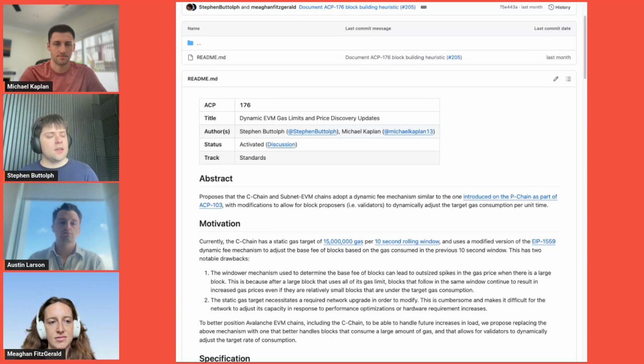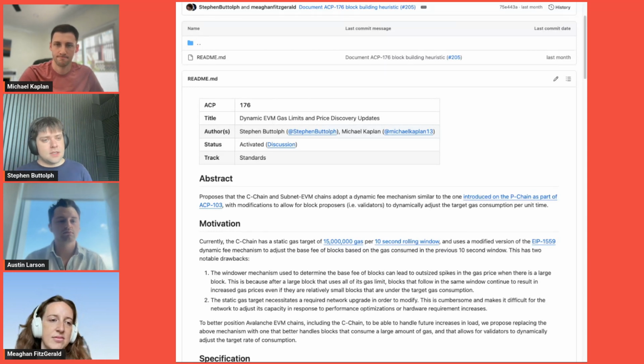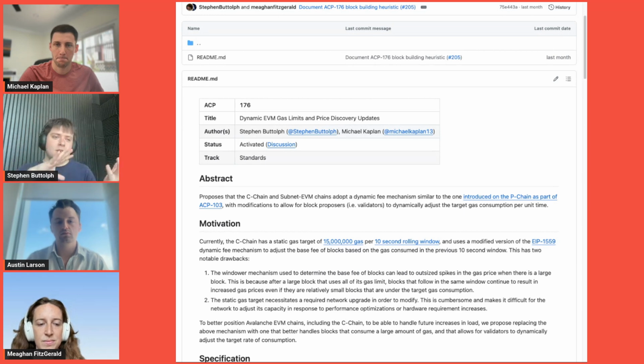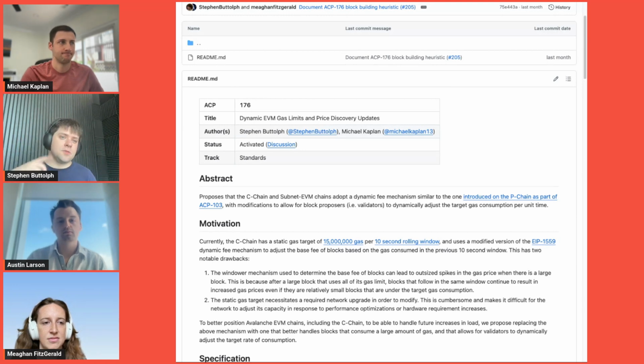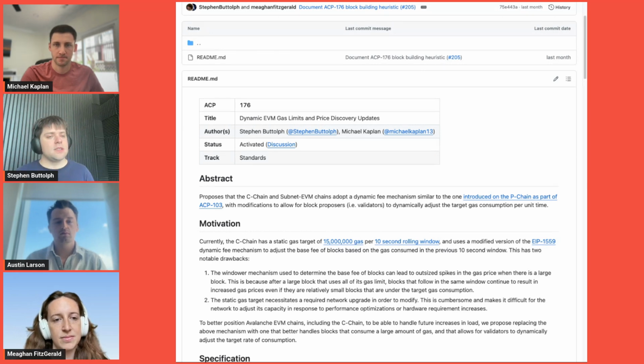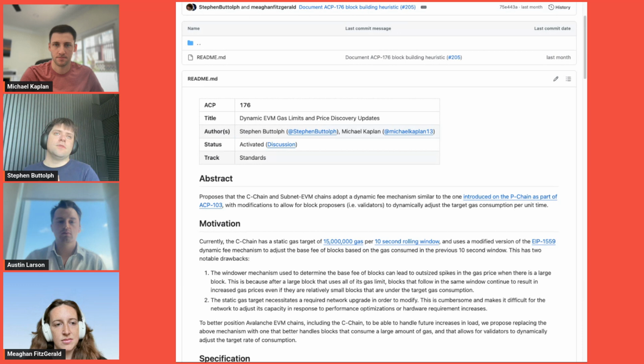Inside of 176, in addition to the price changing mechanism, we also changed it so that validators had the ability to vote on whether or not to increase or decrease the gas target. So really, 176 was a total overhaul of the C chain fee dynamics and gas target pricing.